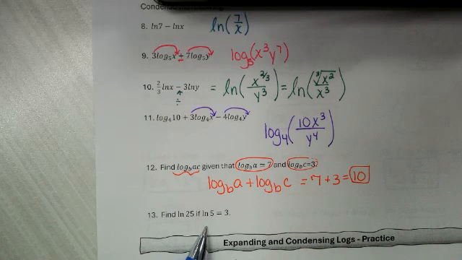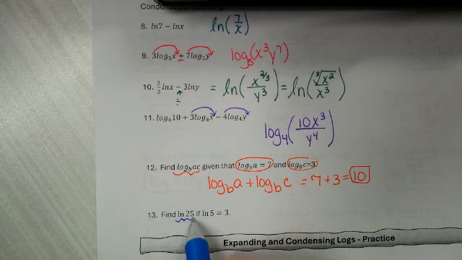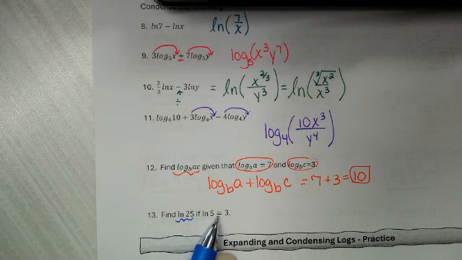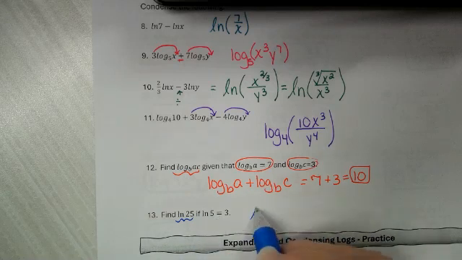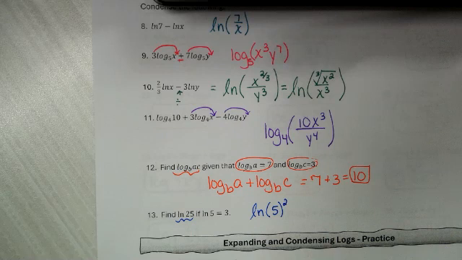Number 13 is very similar. I know that the natural log of 5 is 3. How can I find the natural log of 25? Can I write 25 using a 5? Here's what I'm thinking. Isn't 25 the same as 5 to the 2nd power?